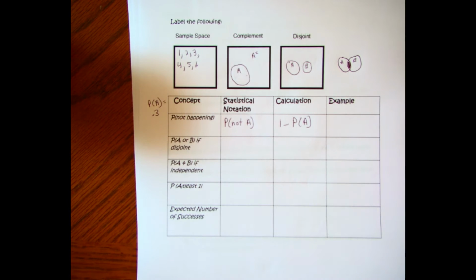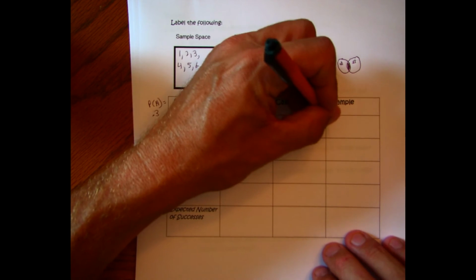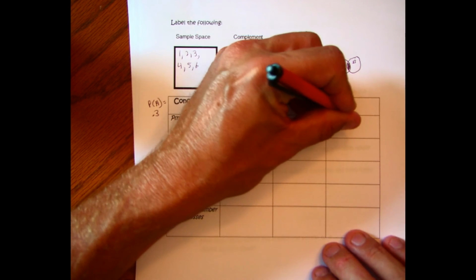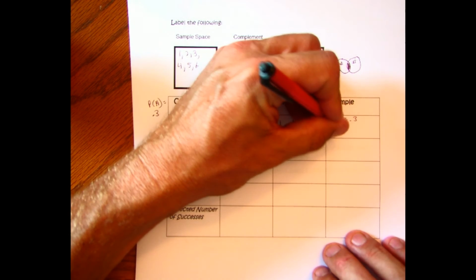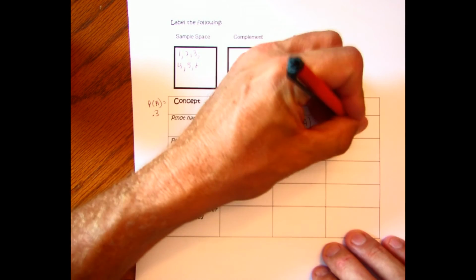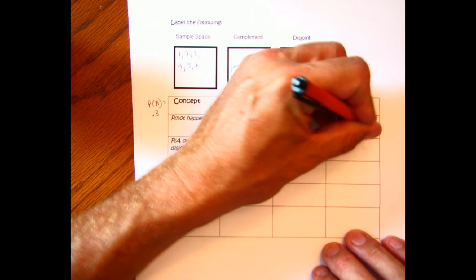So the probability of A not happening is 70%. The probability of not getting a 5 on a dice is 1 minus 1/6, which is 5/6. So the probability of A, for example, is 0.3. The probability of not A is going to be 1 minus 0.3, which is 0.7.